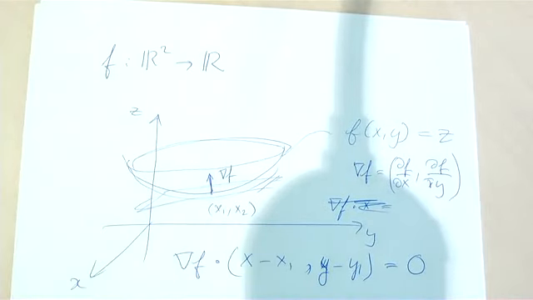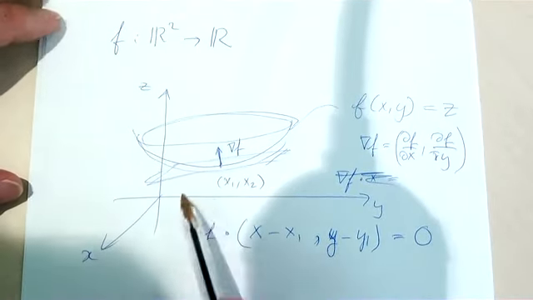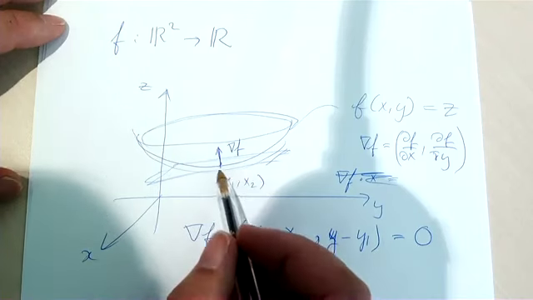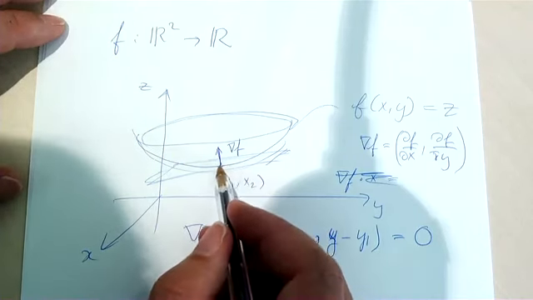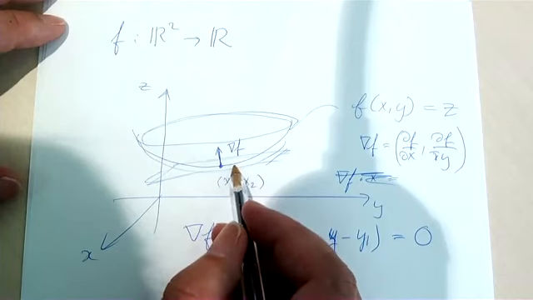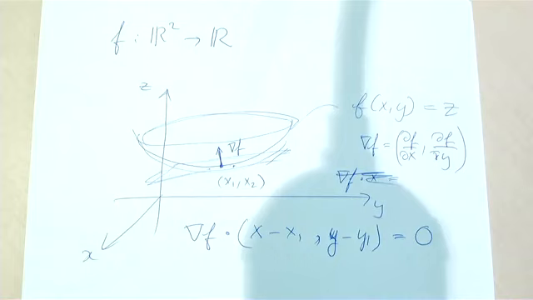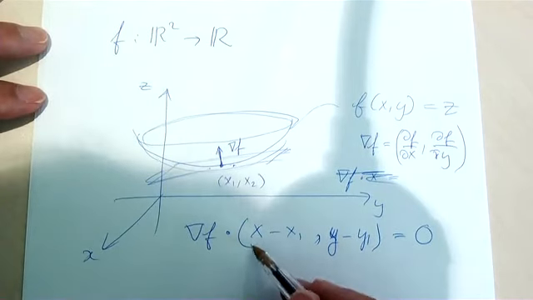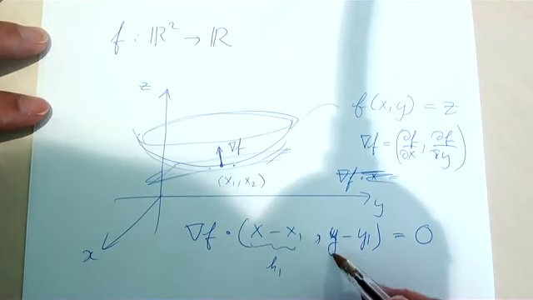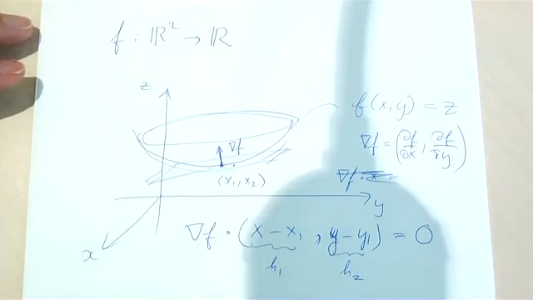So everything close to this point can be approximated by a value on the tangent plane. That is the idea. And on the tangent plane, you have this formula. So now this one is your h1, and this is your h2.